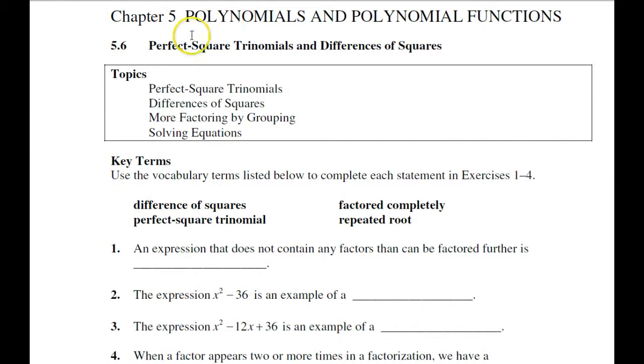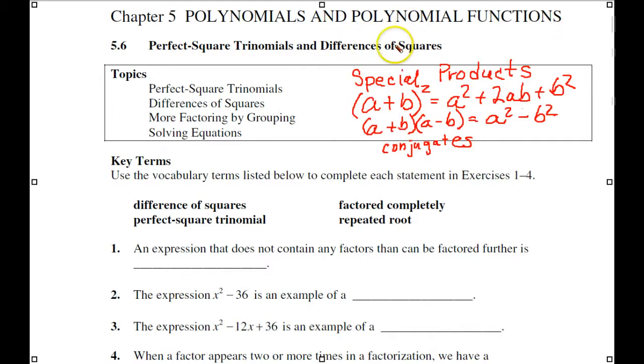We're going on now to the last section we cover in Math 100, Section 6 of Chapter 5, dealing with perfect square trinomials and the difference of perfect squares. In review of an earlier section, we said that these up here were special products.